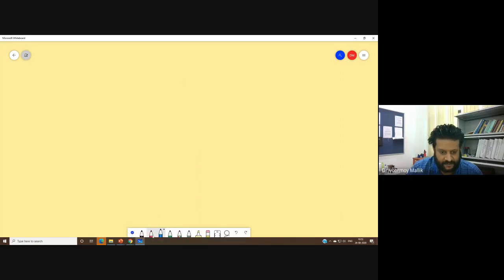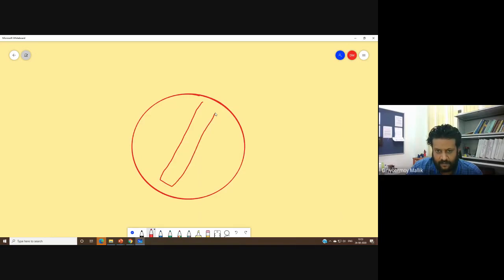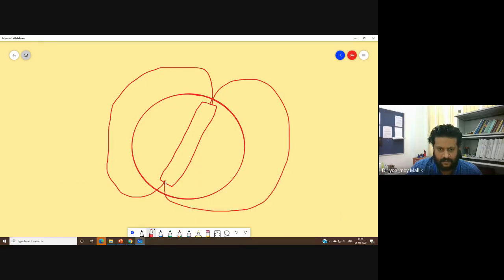Suppose this is my Earth, and this is the bar magnet that we put an analogy with. And suppose these are my magnetic lines. This is north.